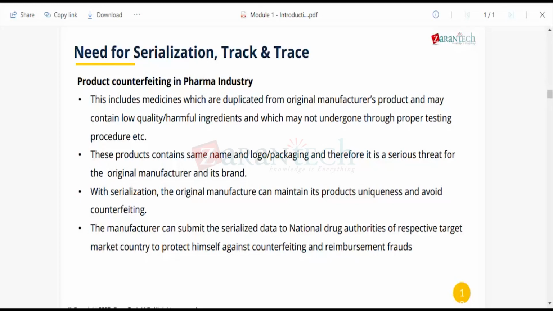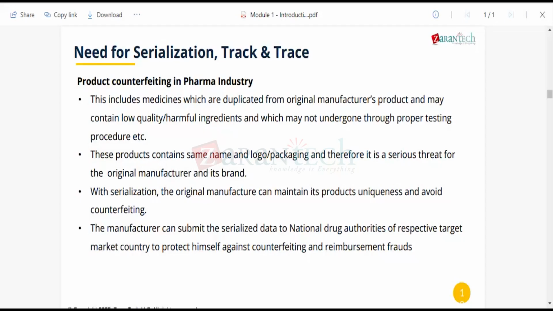So with serialization, the first goal is to identify the original manufacturer who is developing this product. Manufacturers are requested that whenever they produce these drugs, they inform the national authorities.